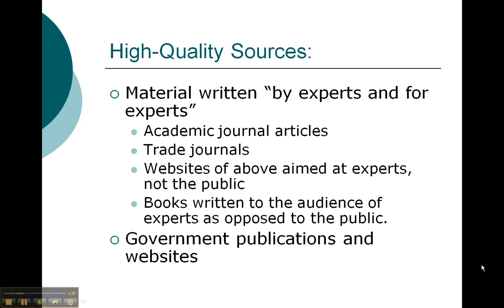Websites which are not aimed at the public but which are aimed only at people who work in a certain industry or research in a certain discipline, or books written, again, to people who work in a certain industry or discipline can also qualify as high quality sources. The marker is by experts and for experts.